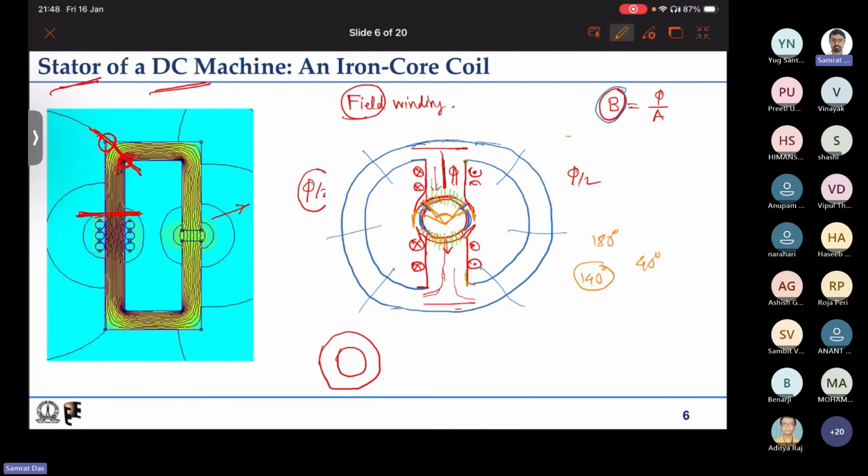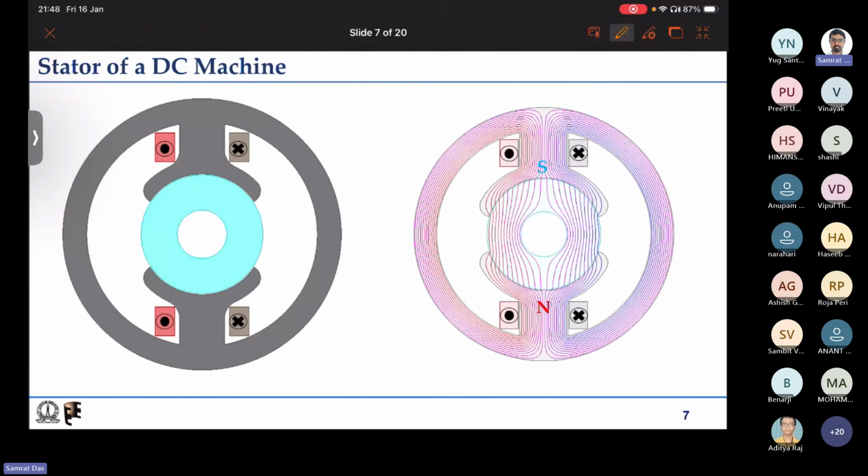So this is the structure of the field of a DC machine. We can look at a stator of a DC machine. This is the outer stator. Here I am just putting a cylindrical rotor. I have left some space at the middle because that is the shaft, and the magnetic rotor is mounted on the shaft, which is non-magnetic, so it is as good as air.